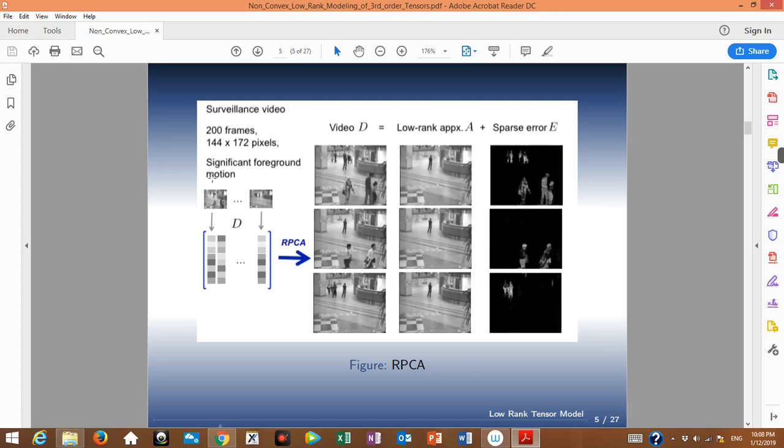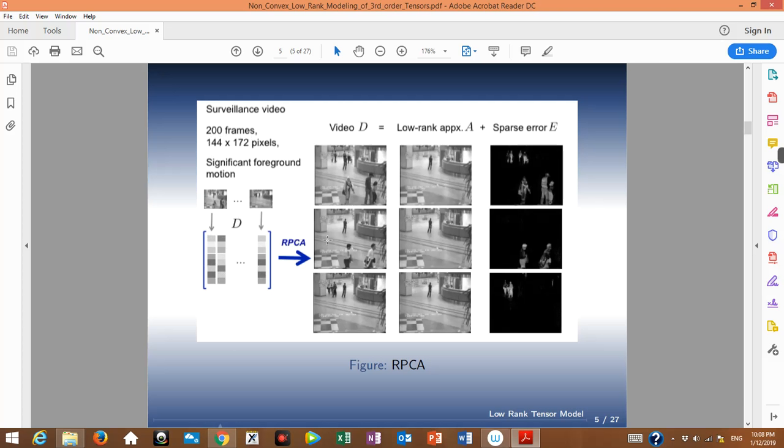In practice, we can store those images in a matrix. For example, we stretch this image into a column of the matrix, and another image into another column, so we have a big matrix of 200 columns.